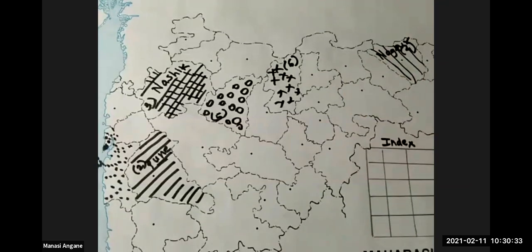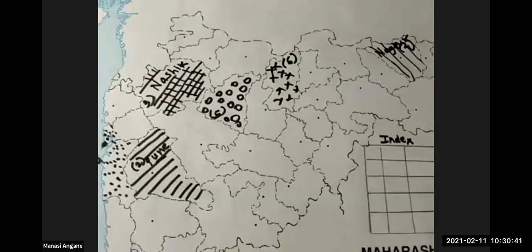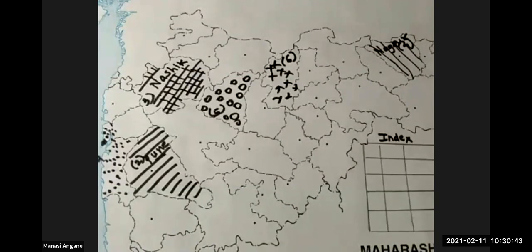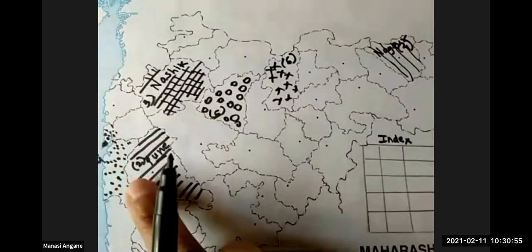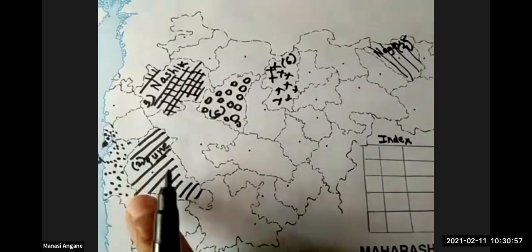Now we have filled in the places. Now these 6 places were asked, and you are going to answer only 4 out of them. If you answer 4 out of them, you will get how many marks? 4 marks. If you write one Mumbai, two Pune, if you mark the places exactly, and write that way also, it is correct.